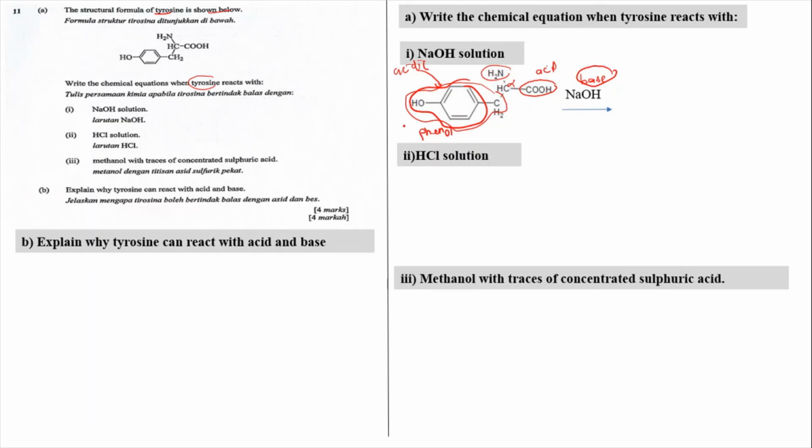It's going to produce O minus Na plus, and here it's going to produce COO minus Na plus. So we're going to draw the structure again, and here is the place where the reaction occurs: COO minus Na plus and O minus Na plus. If you miss out this part, then you are wrong. So please be very careful and look into the side chain.